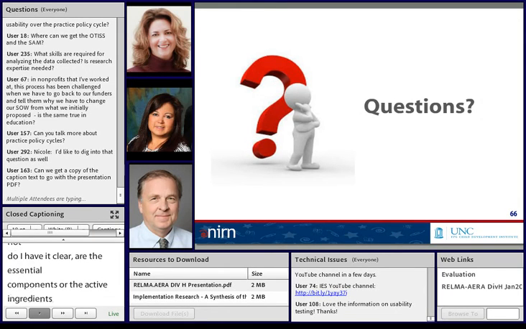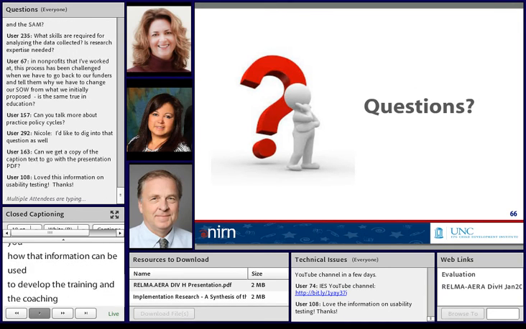If you can step back and do that, it will really highlight for you how that information can be used to develop the training and the coaching support and give a sense of how much resources it's going to take in order to have this practice be used as intended and well and have the outcomes that we're looking for.